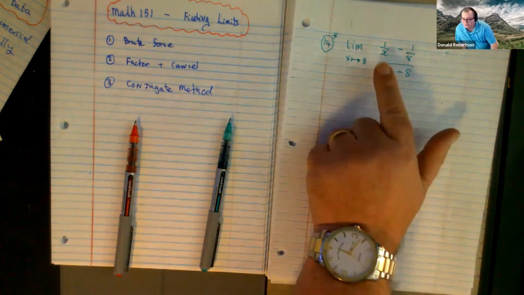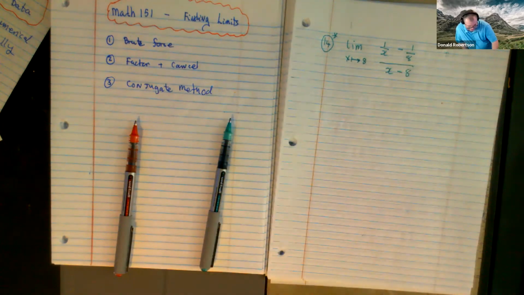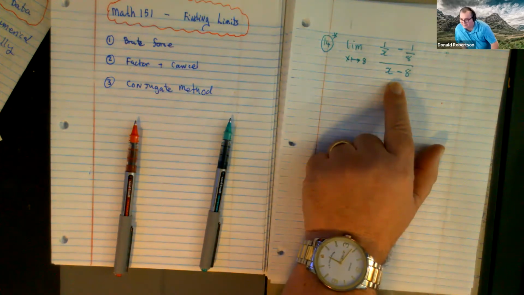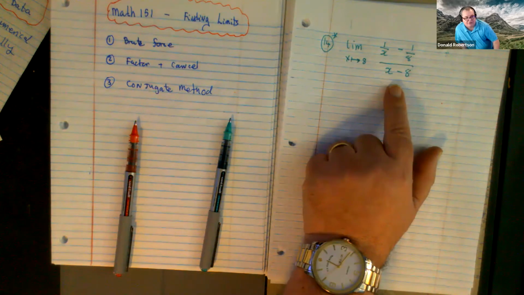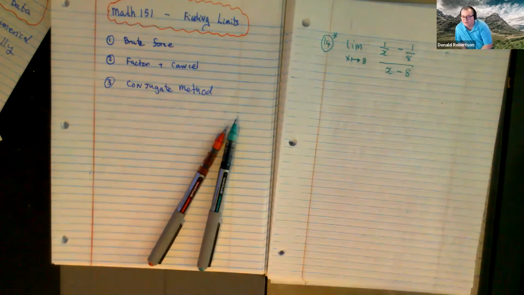If I try brute force, you get 0 over 0 indeterminate form. It was never, ever going to be a conjugate method. Do you agree? There's no square roots there. You're never going to get square roots there. Don't even think of that as a choice. So by a process of elimination, the only one that's left is factor and cancel. But when you look at that, would you agree you can't really factor or cancel anything because it's not really in that format?